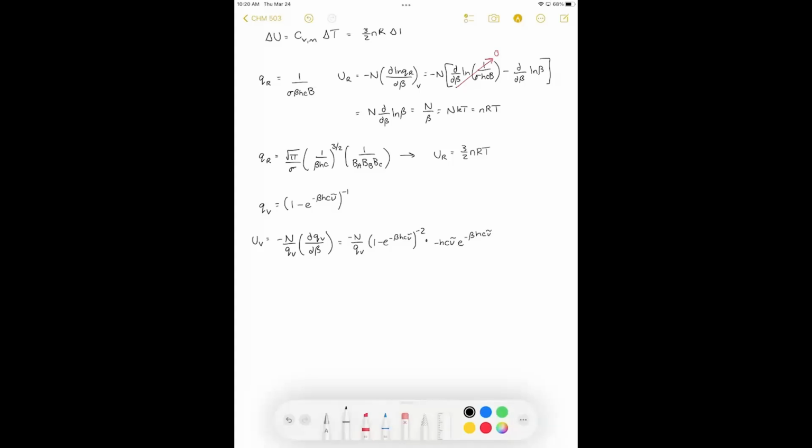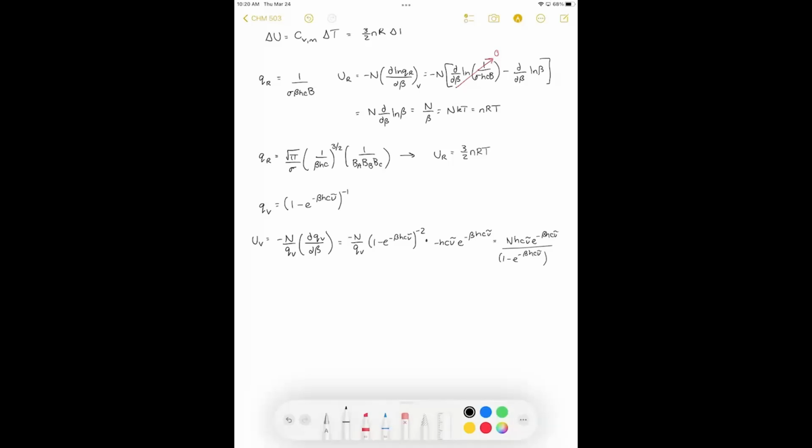And so if we put this together, what we end up with is nHC nu e to the minus beta HC nu divided by 1 minus e to the minus beta HC nu.